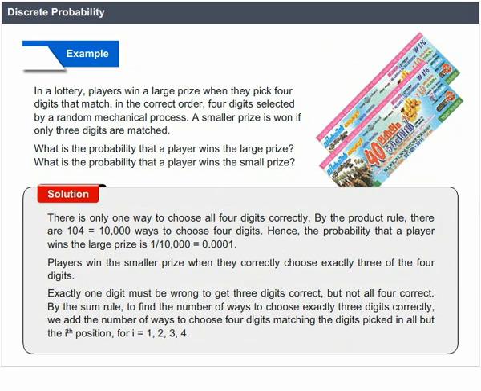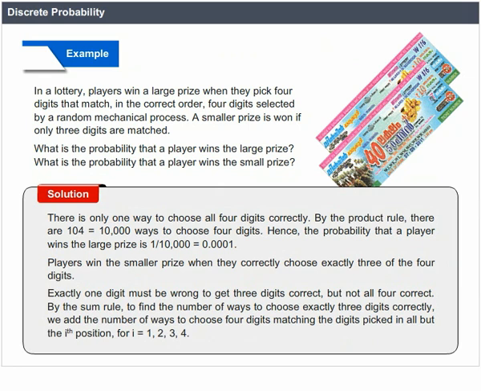Players win the smaller prize when they correctly choose exactly 3 of the 4 digits. Exactly 1 digit must be wrong to get 3 digits correct, but not all 4 correct. By the sum rule, to find the number of ways to choose exactly 3 digits correctly, we add the number of ways to choose 4 digits matching the digits picked in all but the ith position for i equals 1, 2, 3, 4.